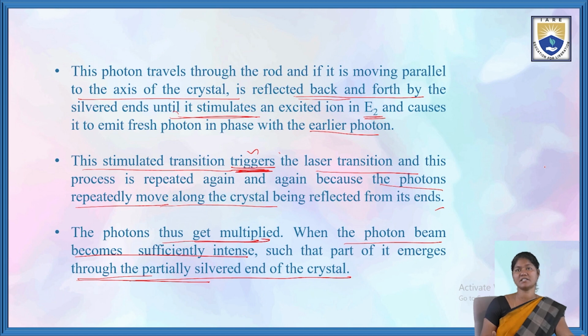When the photons are multiplied and the photon beam becomes sufficiently intense, part of it emerges through the partially silvered end of the crystal.